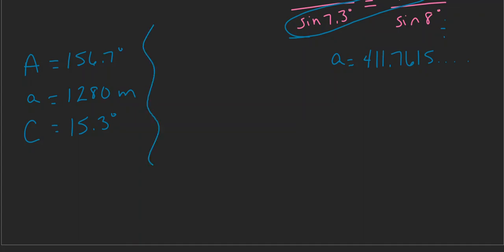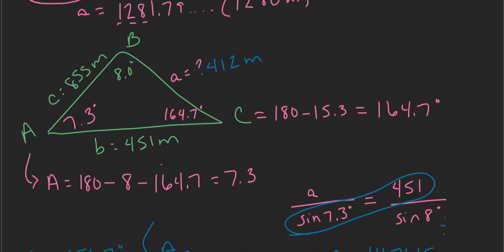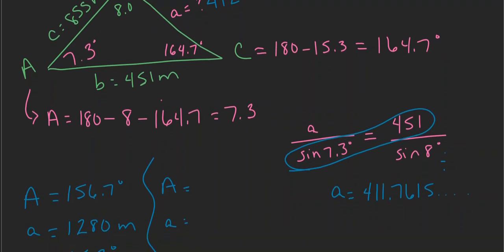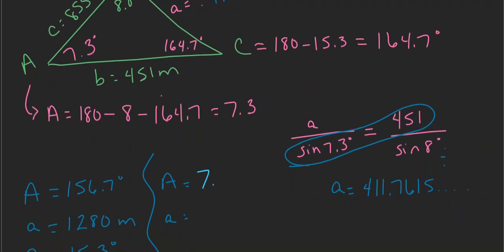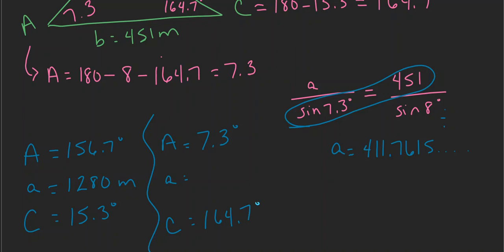Then in the second solution, we had an angle A of 7.3 degrees, an angle C of 164.7, and our side A was 412.